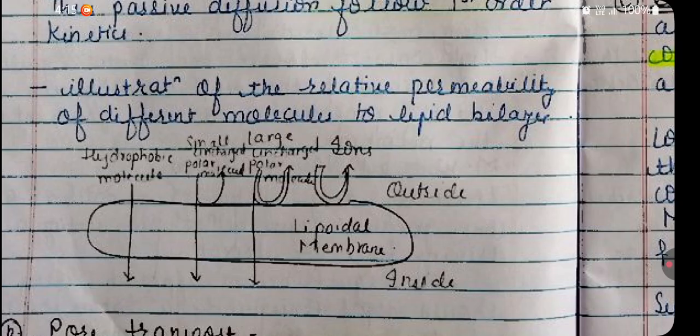Small uncharged polar molecules are less permeable, and large uncharged polar molecules are very much less permeable compared to small uncharged polar molecules. Ions will not be able to penetrate. So this is all about the relative passive diffusion rate of different types of molecules.